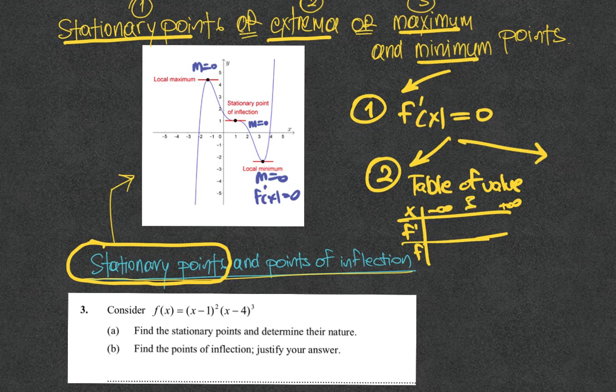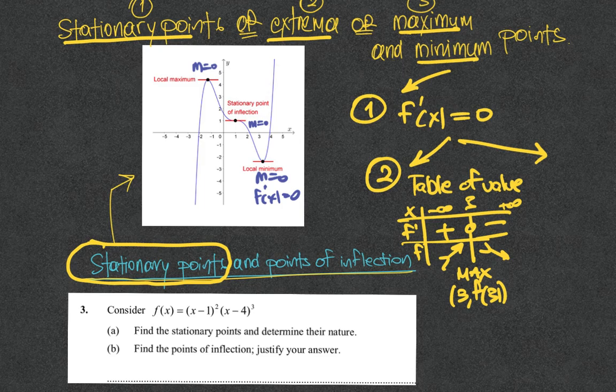So let's say 3 was the root of the first derivative, and let's also assume that the first derivative is positive here and it's negative here. Then that would mean that the function would have been increasing here and decreasing here. So that point would be a max at the point 3, f of 3. That's the logic. I'm not using a specific function, it's just to describe the whole thing.